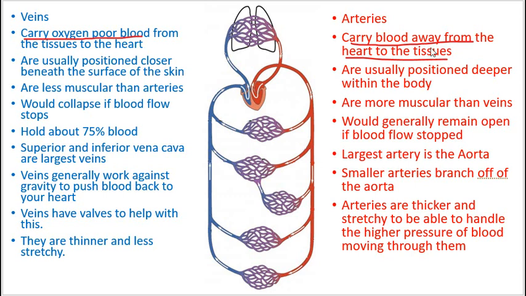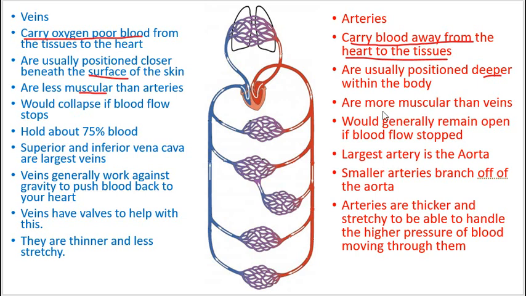We said two exceptions, the pulmonary and umbilical arteries, and two exceptions over here, the pulmonary and umbilical veins. Usually, arteries are positioned deep within the body, and veins are positioned on the surface, superficially.